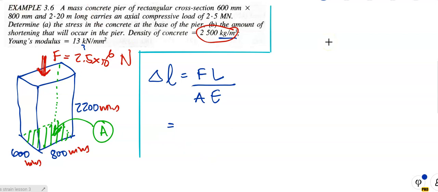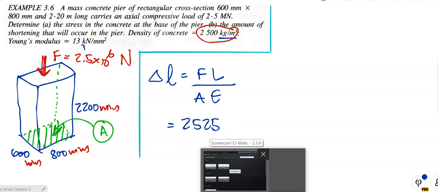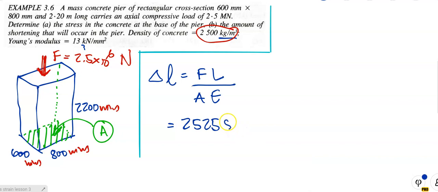The total load was 2,525,898, I think it was. Yep, 898, multiplied by the original length, which is 200 millimeters, over the cross-section area of the base, 600 by 800.